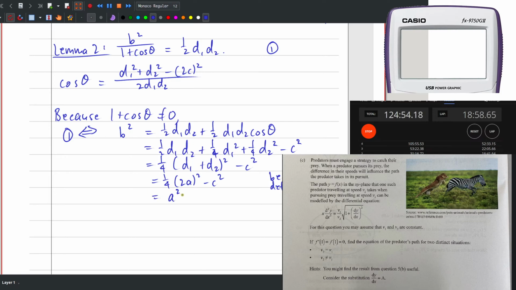Which is equal to a squared minus c squared, which is true by the formula sheet.